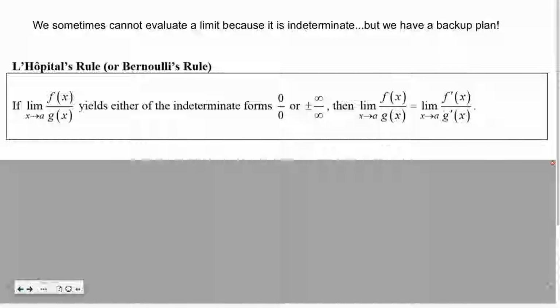If it were like 1 over 0, that's not indeterminate, but in other words, nobody could tell me I'm wrong.